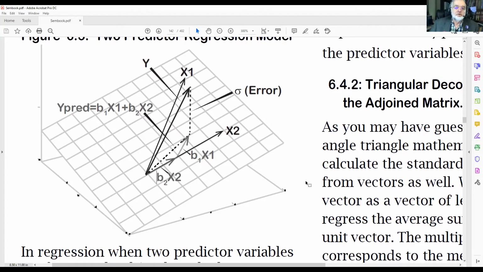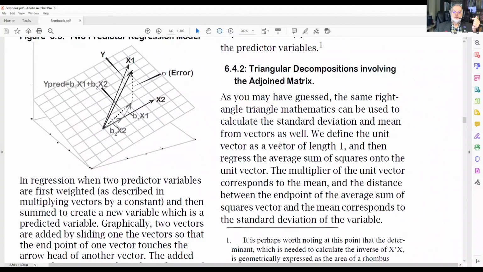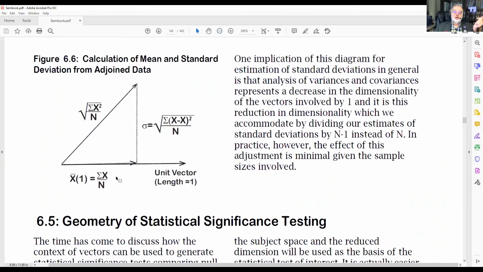Well, the third thing you can do is you can think about your data in the adjoined matrix form. So I would be doing a regression with a column of 1s. And this is what it looks like. I'm going to have a column of 1s here, and I'm going to think about the average sum of squares of x.